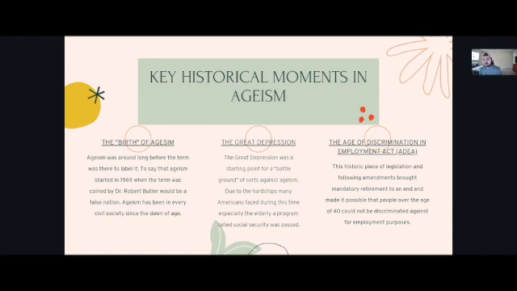And starting with what I'm calling the birth of ageism, it was around long before we were able to label it. Like a lot of the different isms that we've been talking about, just because we were able to finally put a term with what was happening doesn't mean that it wasn't happening before. Actually, Dr. Robert Butler, who's mentioned here, was the one that coined the term, but he coined it in 1969.